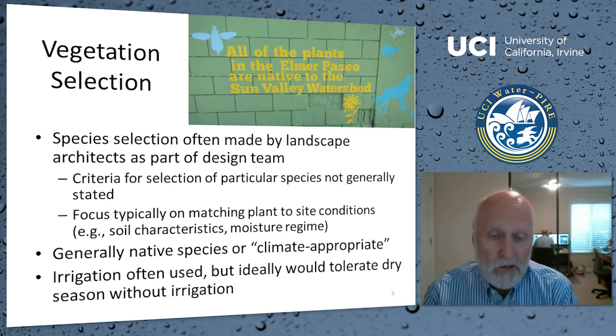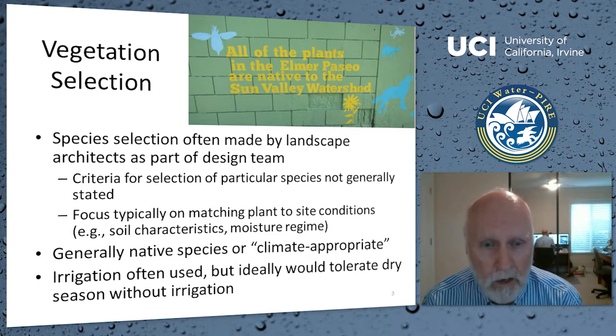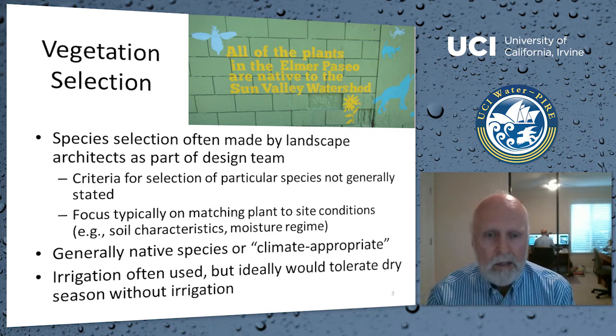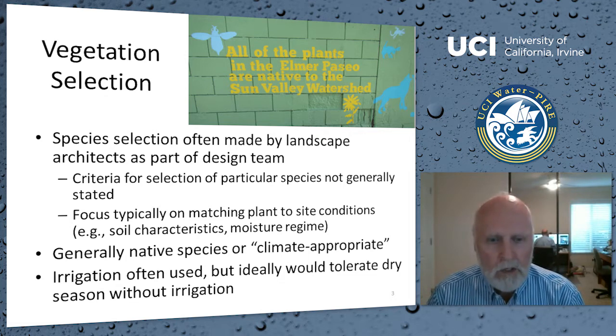They're virtually never stated, whatever the criteria are, and if you talk to them, it's a pretty simple decision that they're making, and that they're really trying to match the plant to the site conditions. So depending on what the soil's like or what kind of moisture regime you can expect, they're trying to pick plants that will live there.